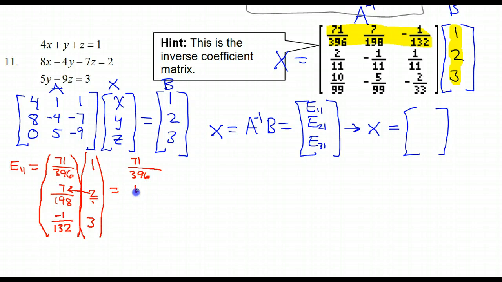So that's going to be 14 over 198. And then the 3 is just going to wind up multiplying the negative 1. So that's going to be negative 3 over 132. So we are supposed to add up all this stuff and see what we get.